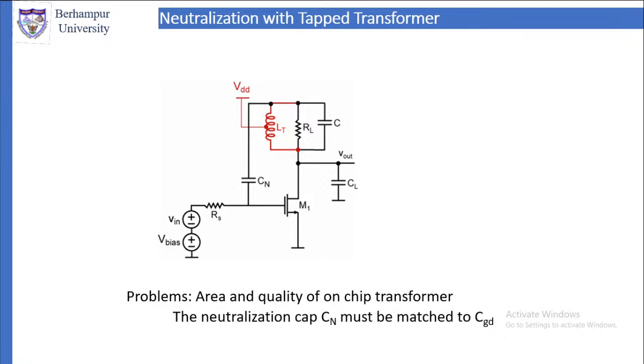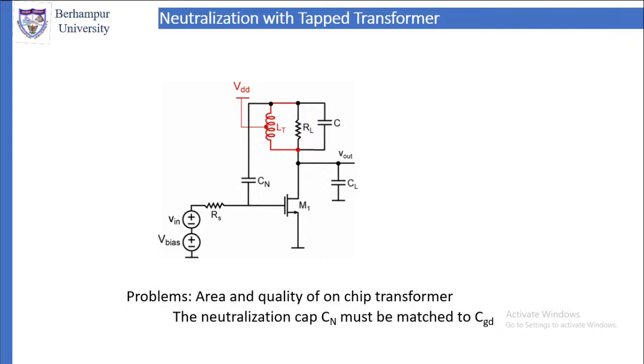Here we are using a tapped transformer, so we have just replaced the unit gain amplifier by a tapped transformer. The tapped transformer is an inductor LT, tapped at its center.